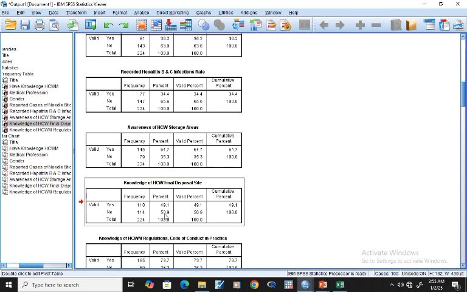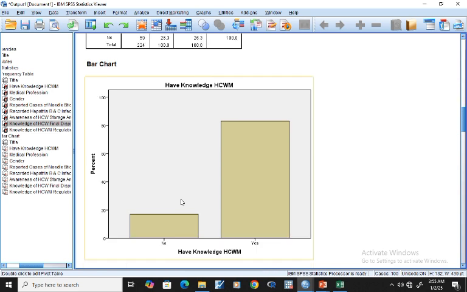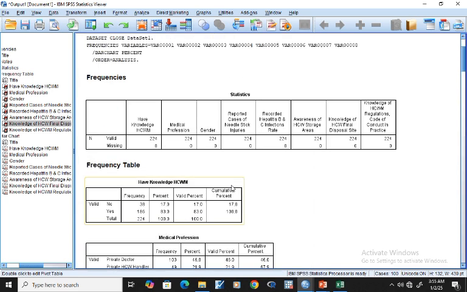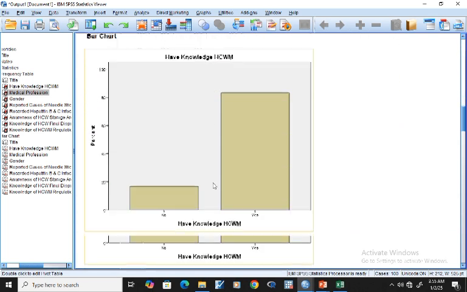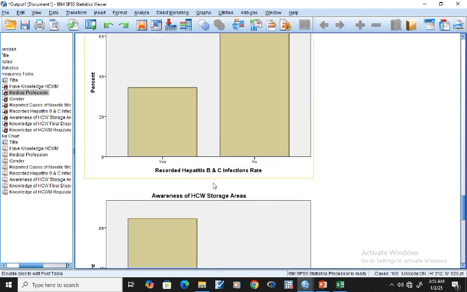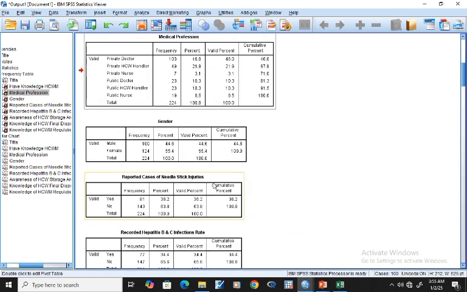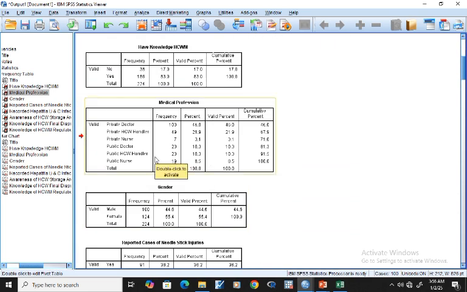You see, we have almost equal percentage of those that are aware and those that are not aware. As well as regulations, we have the majority of them aware. So this returns with their percentages, as you can see, and you may choose to plot your bar chart using Excel, but I prefer to use Excel in running my charts.